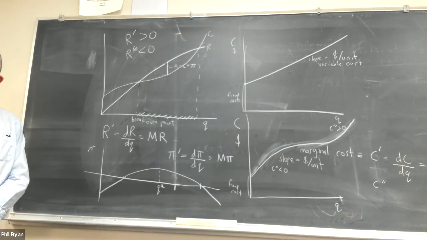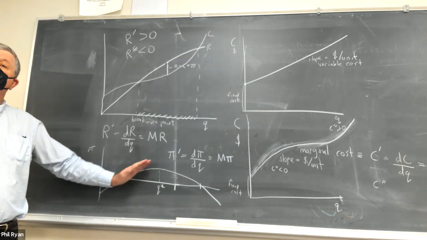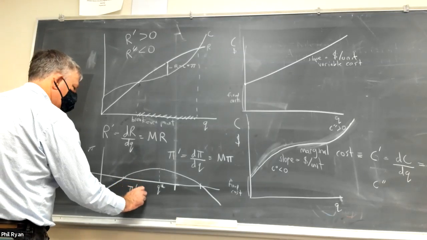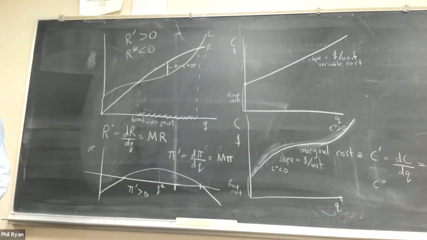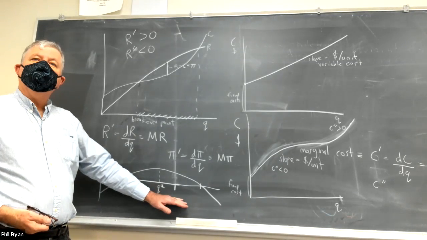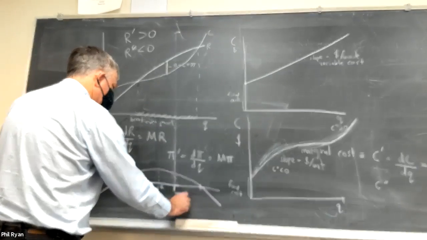What is the sign of marginal profit? Is it positive or negative? It's positive, right? Because the profit is increasing. So what about over here when Q is greater than Q star? Negative. So we don't like that.